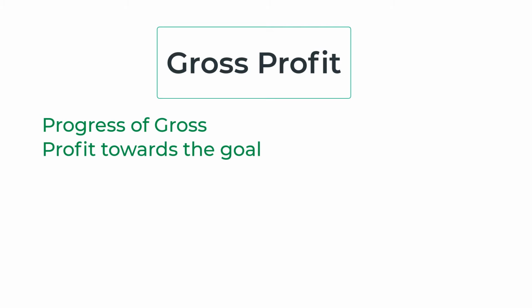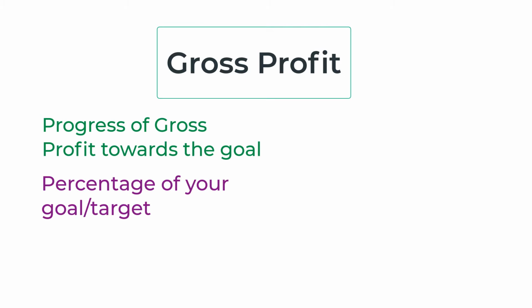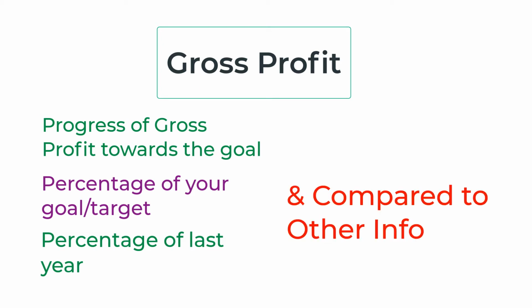And just like the revenue, gross profit is an often used number, and you can use the gross profit just like you can the revenue. Your gross profit actual towards your goal, your percentage of goal, percentage of prior year numbers. You can use your gross profit compared to that other information, such as gross profit per labor hour or gross profit per head count.